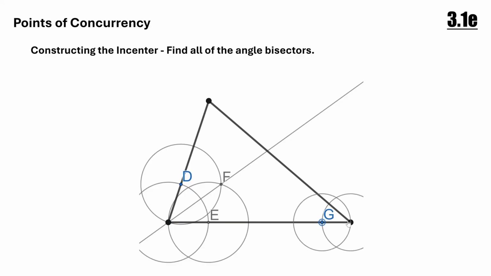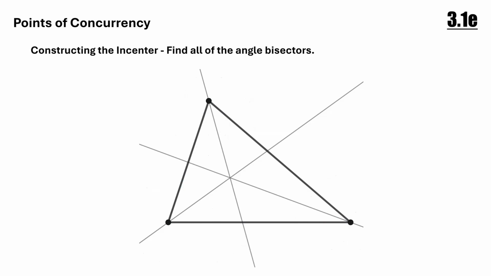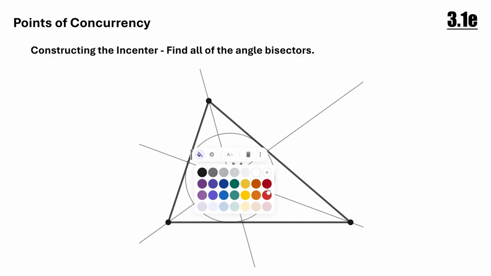Repeat this process for the other two angles. Once all angle bisectors have been constructed, plot a point where they all intersect, and that will be the incenter. Lastly, draw a circle using the incenter as its center and the intersection of the angle bisector and the side as the radius.